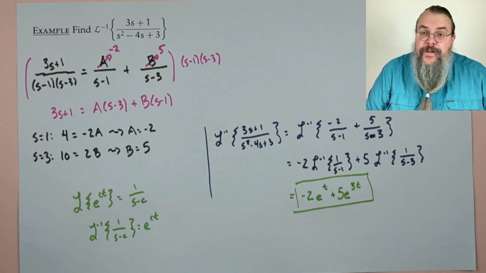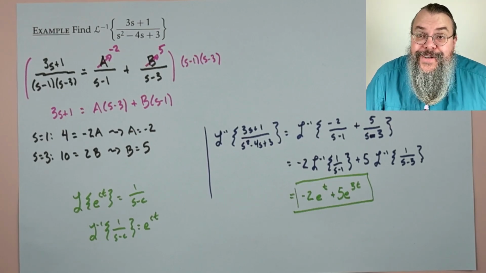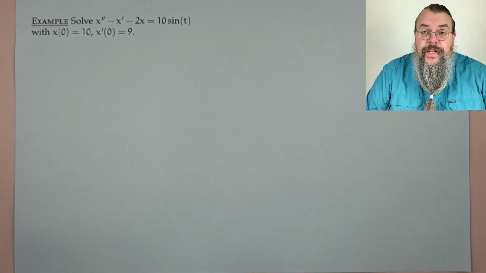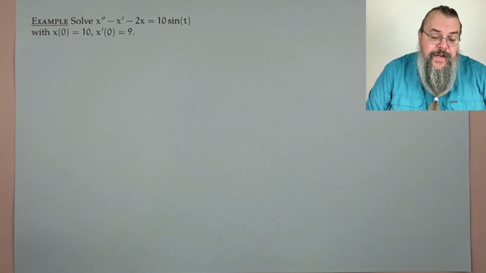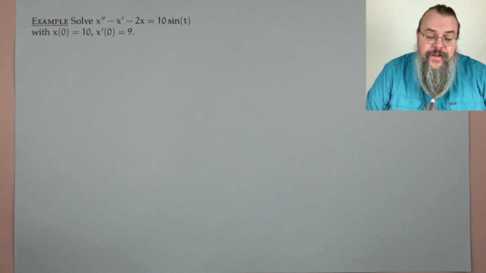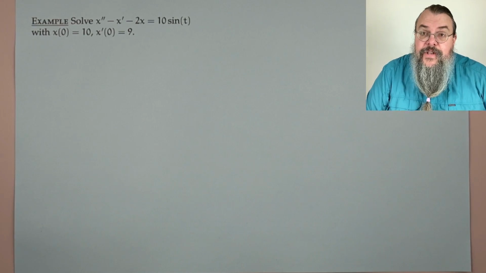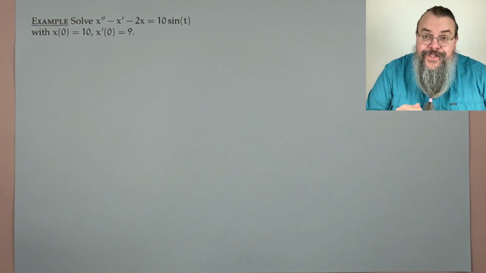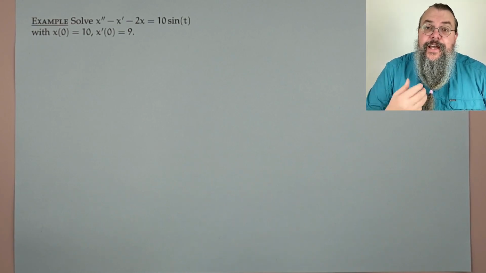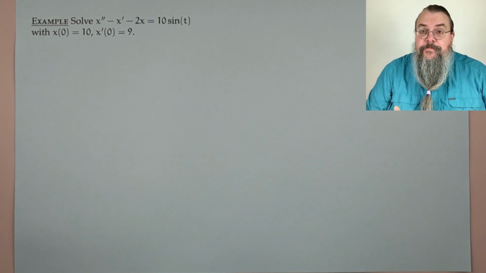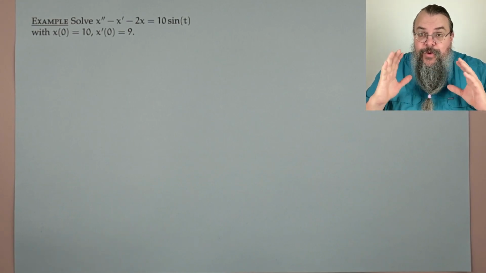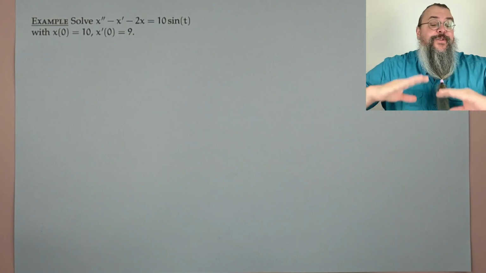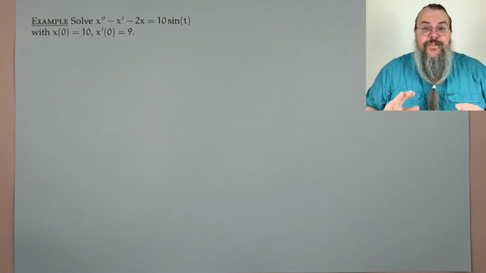Okay, well, let's see what else we can do. So let's solve x double prime minus x prime minus 2x is 10 sine of t with some initial conditions. x of 0 equals 10, x prime of 0 equals 9. Now, notice that we are talking about Laplace transforms, so we're definitely going to use Laplace transforms to solve it.